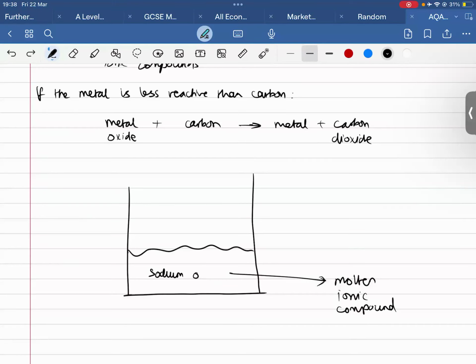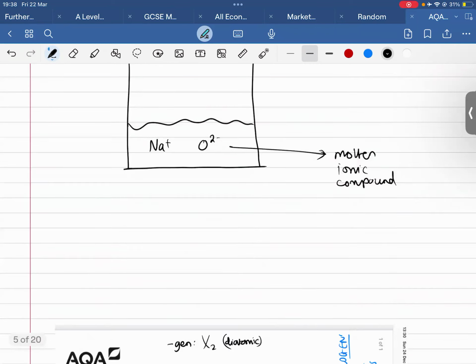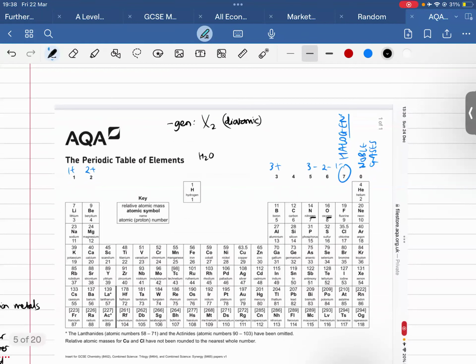So inside we'll have the ions of sodium oxide. So sodium is Na plus because it's in group 1, and oxygen is 2 minus because it's group 6. So we looked at how group 1, group 2 is 1 plus, 2 plus, group 6 is 2 minus, so it's on the periodic table.